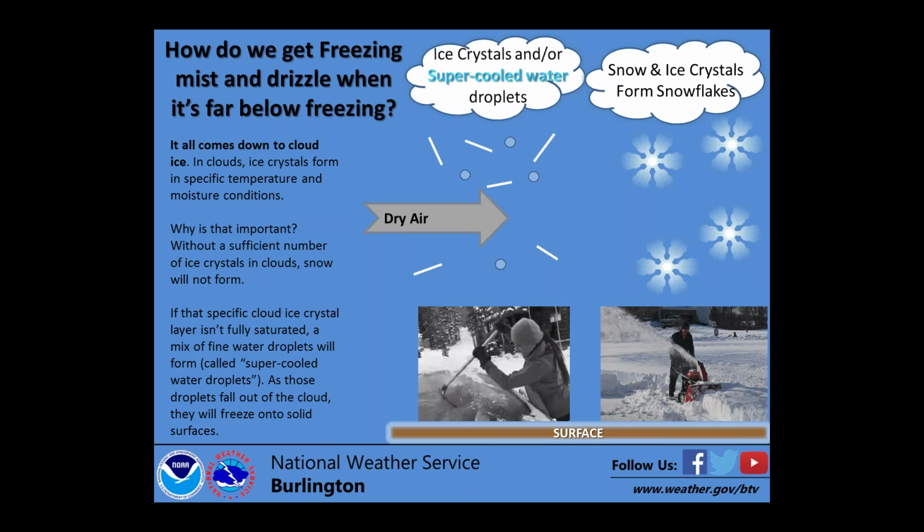And when, say, your car is driving through that mist, it starts to ice up on your car. So in this case, it's not actually precipitation. It's mist that's hanging in the air that happens to be in air that's below freezing, and then when it makes contact with an object, like your car, as you drive through it, it starts to ice up.